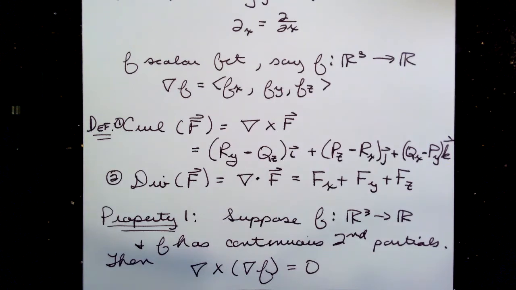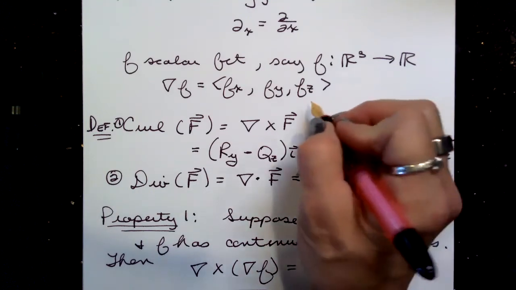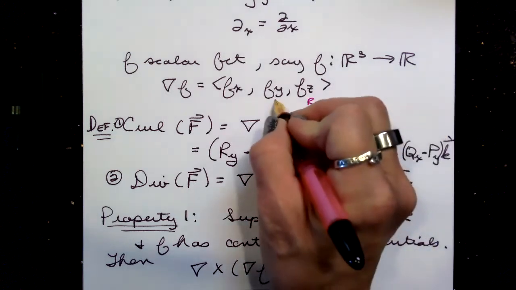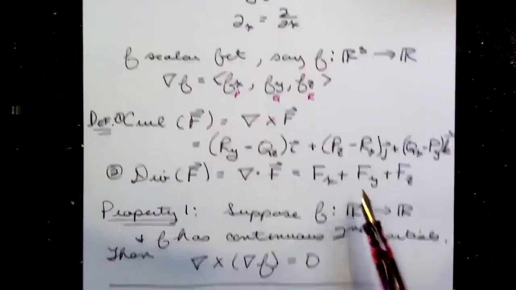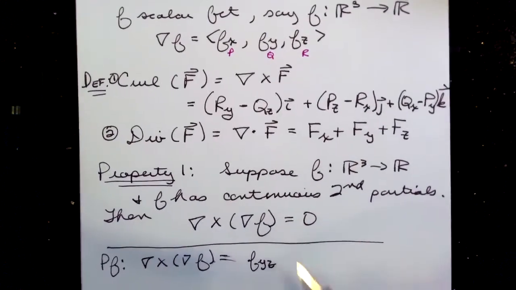So again, let me grab a different color. Now I'm thinking in this calculation down here of this one as R, this one as Q, and this one as P, and then I'm using the definition of curl to write this down.